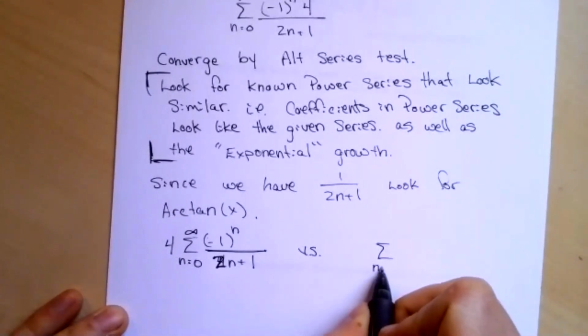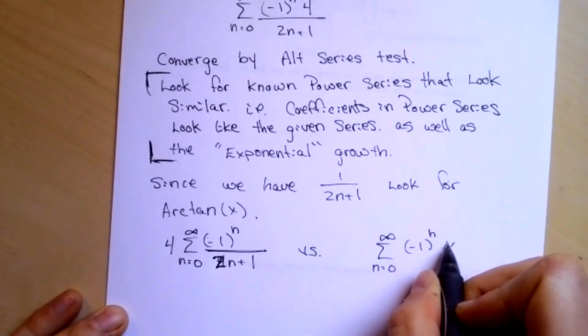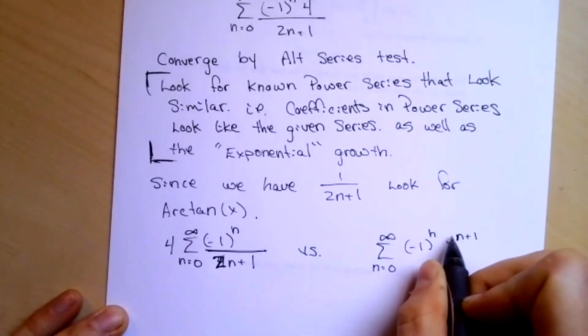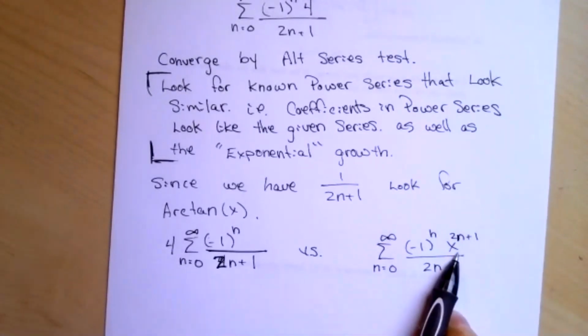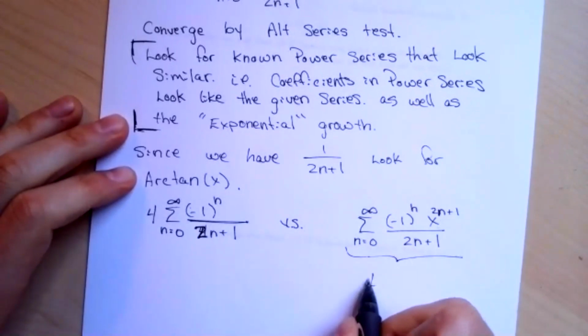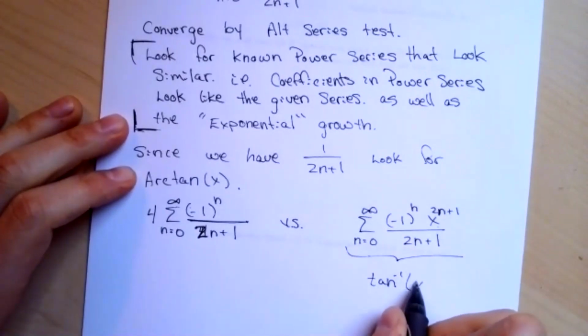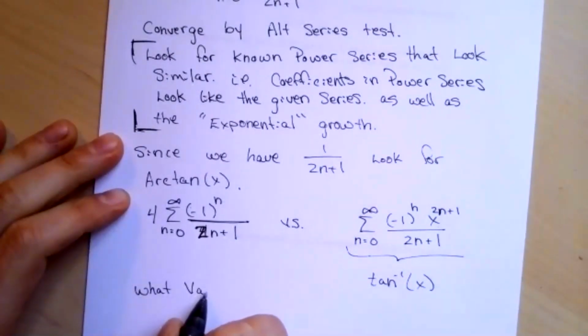And if we're comparing it with our power series for arctan, the only thing that's missing is what value do I need to stick in for x? What value for x gives our series?